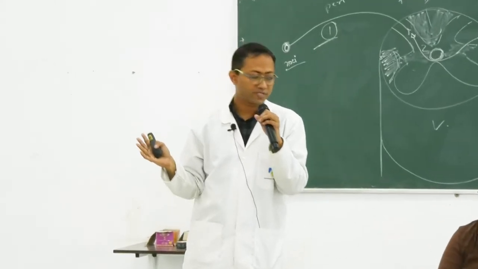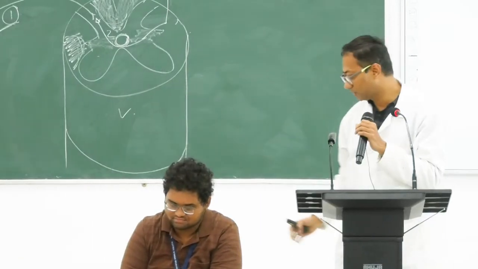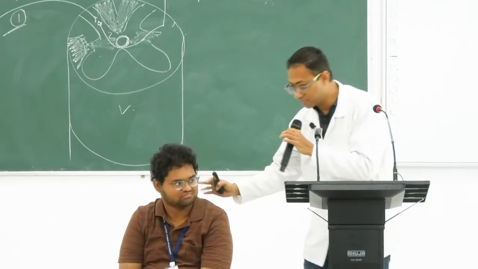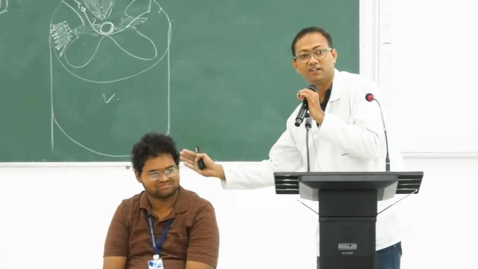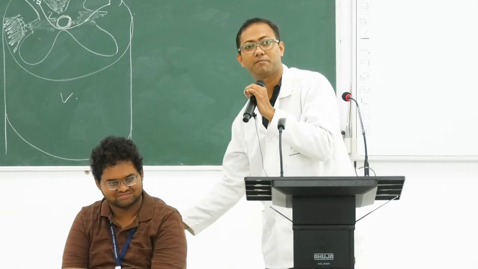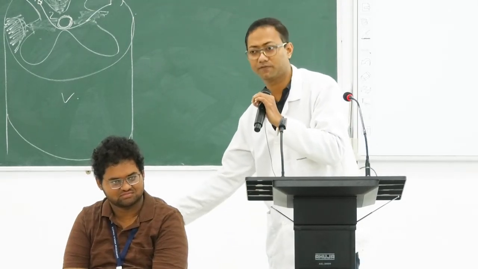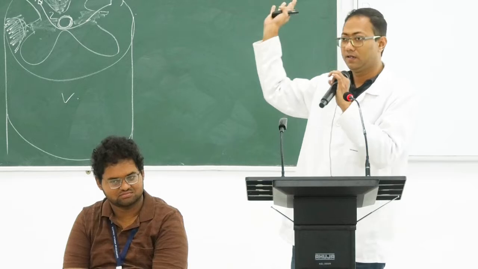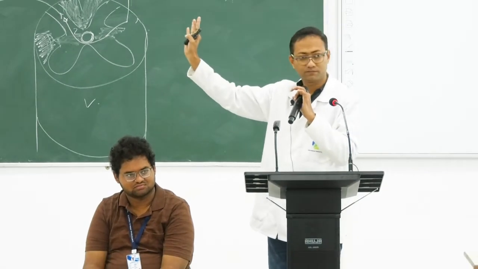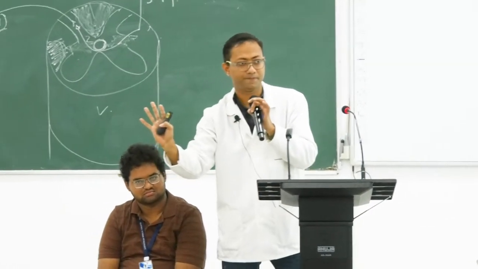Okay? So, say for example, in this patient, lumbar vertebra at the level of L5. Say for example, at the level of L4, L5, there is some injury like that. So below L4, L5, all sensations will be gone.